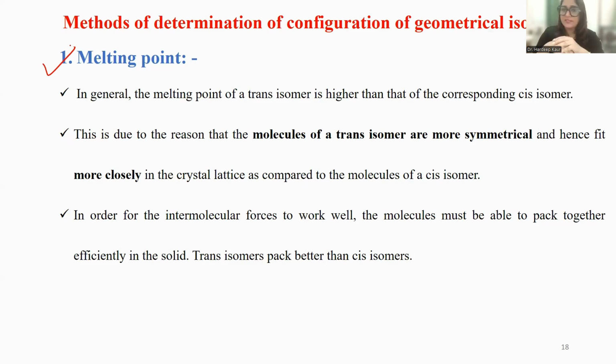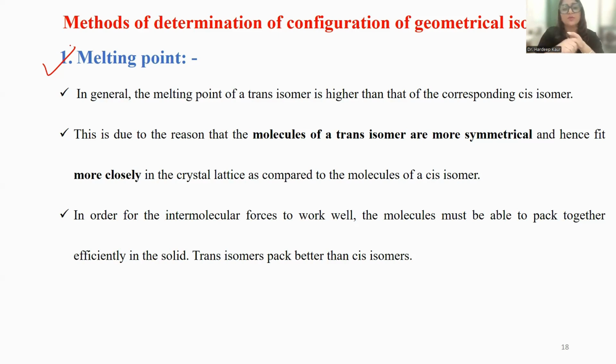You will note the melting point. The trans isomer's is higher than that of the corresponding cis isomer. The reason is that molecules of the trans isomer are more symmetrical and hence fit more closely. There is no steric hindrance. Because of the more stability, the melting point will be higher.